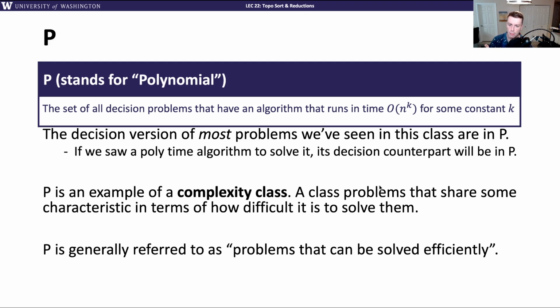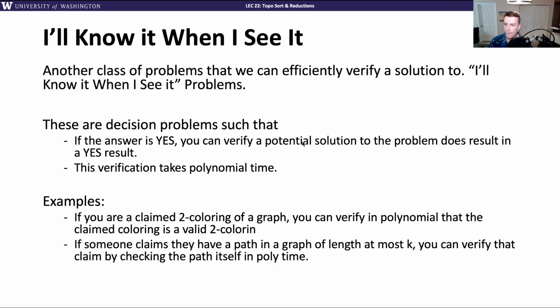Before I define what that means, let me give you an intuitive description of what this other set is supposed to describe. So instead of trying to solve problems efficiently, this other set is concerned about knowing the answer when you see it. So it's the set of problems that if I gave you an answer to that problem, you can efficiently tell me whether that answer is correct.